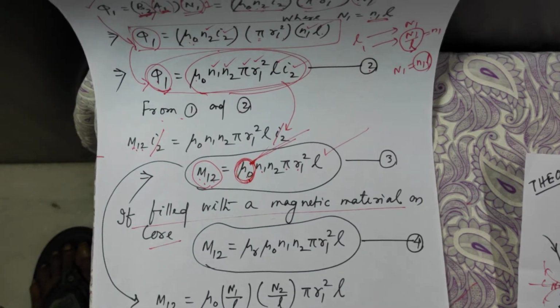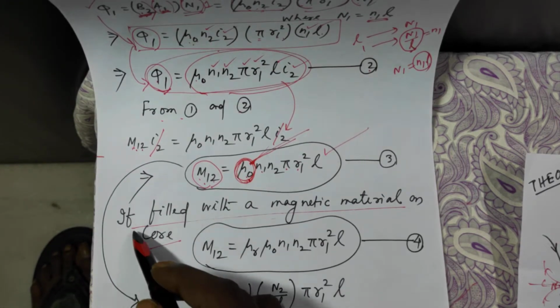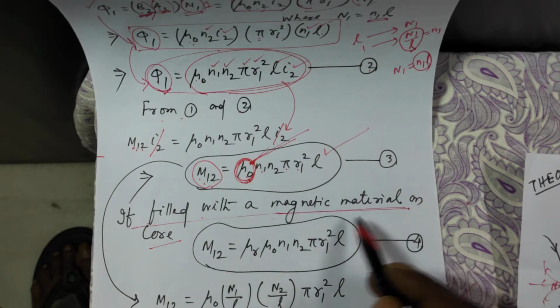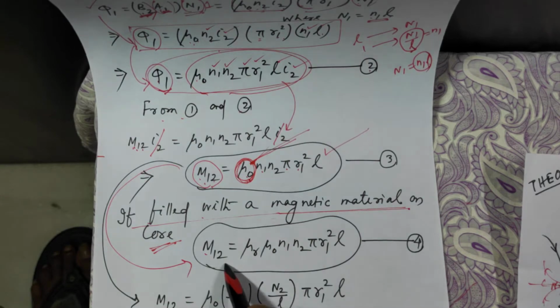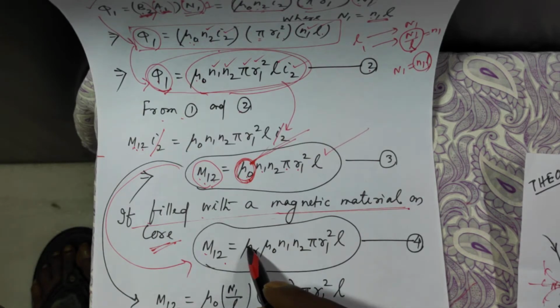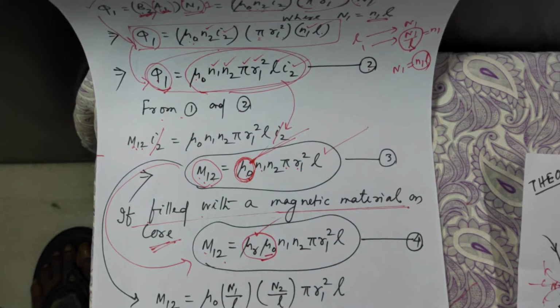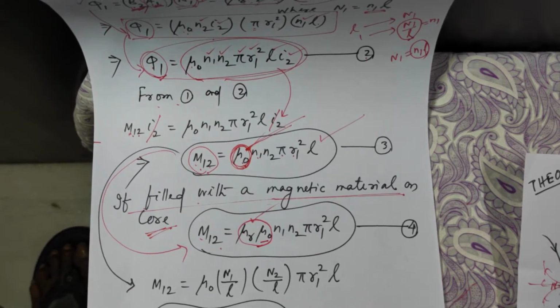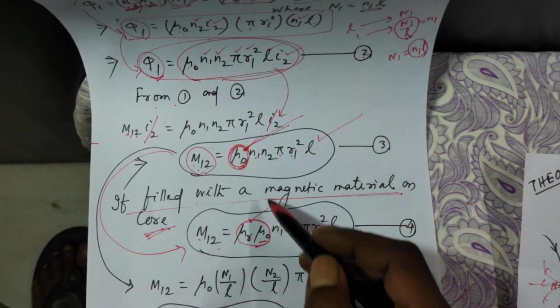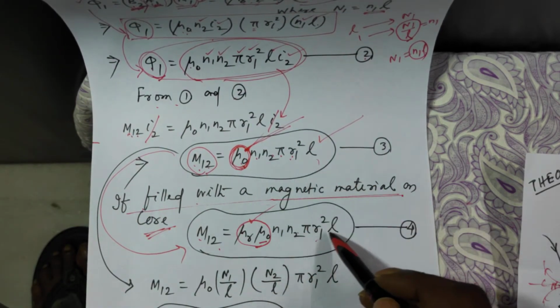If the solenoid core is filled with a magnetic material as core, then this becomes M12 is equal to the relative permeability times the permeability of vacuum. So this becomes the permeability of the magnetic material. Magnetic permeability means to what extent it allows the magnetic lines of force to pass through it. N1, N2 pi R1 square L, right?